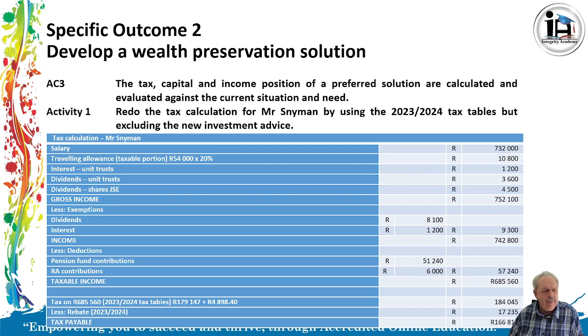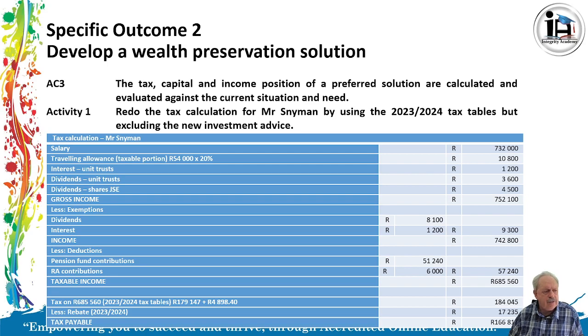That all adds up to 752,100 in gross income. His current dividends, if we add that together, 3,600 and 4,500, gives us 8,100, plus the interest of 1,200, that gives us a deduction of 9,300. Now, you can only claim 1,200 interest and not 23,800 because that's the maximum he's received. That leaves us with a taxable income of 742,800 Rand.